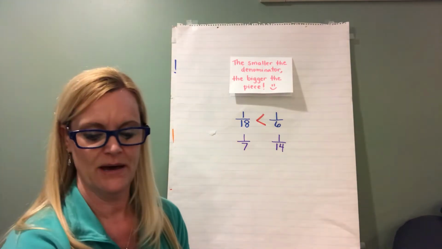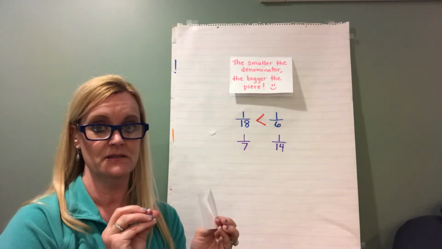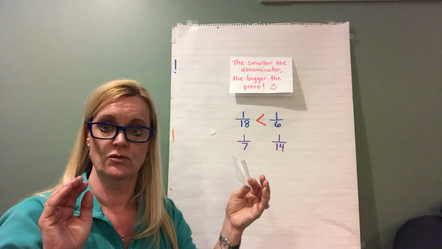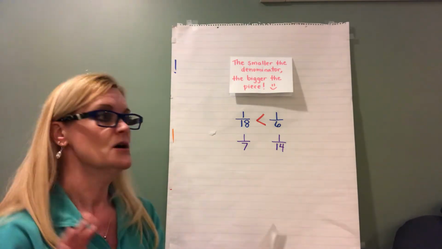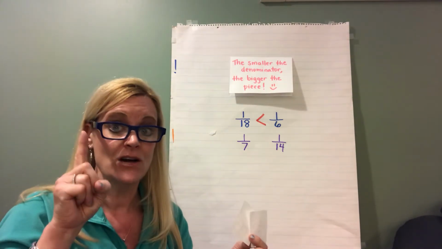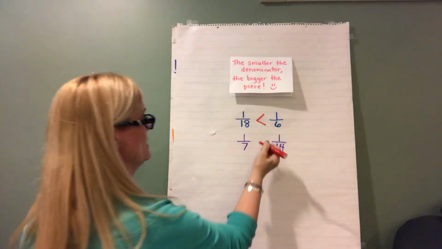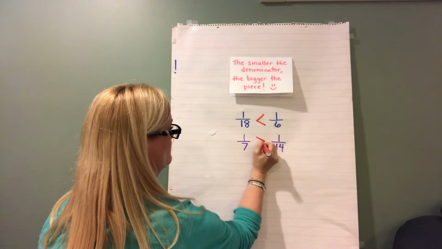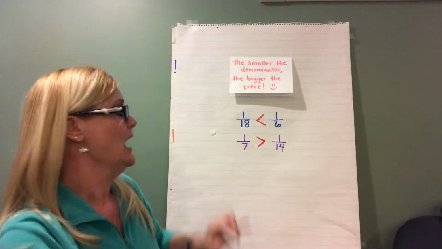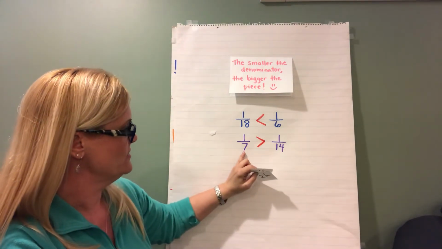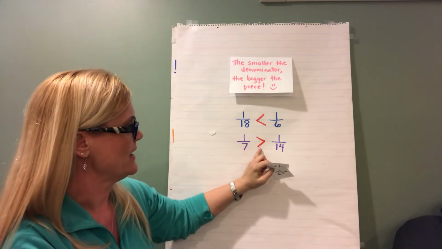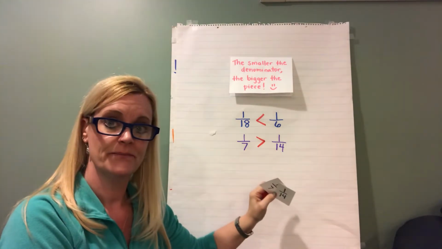So you want to think about an object that's cut into 7 pieces and an object that's cut into 14 pieces. Which would have the single bigger piece? It would be 1/7. And to say that properly, I would say 1/7 is greater than 1/14.